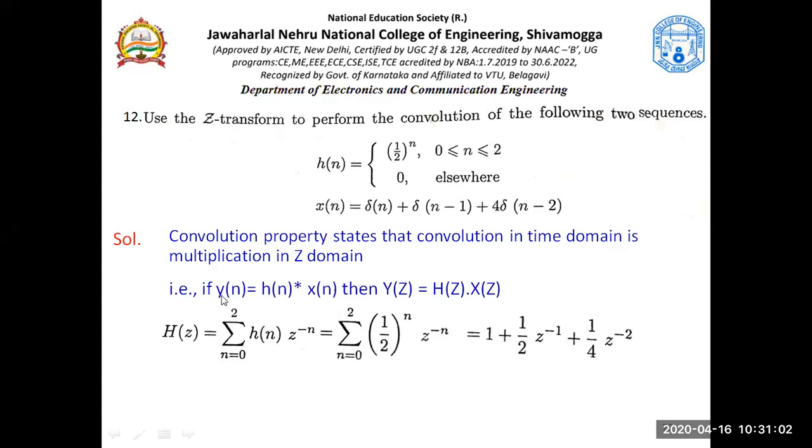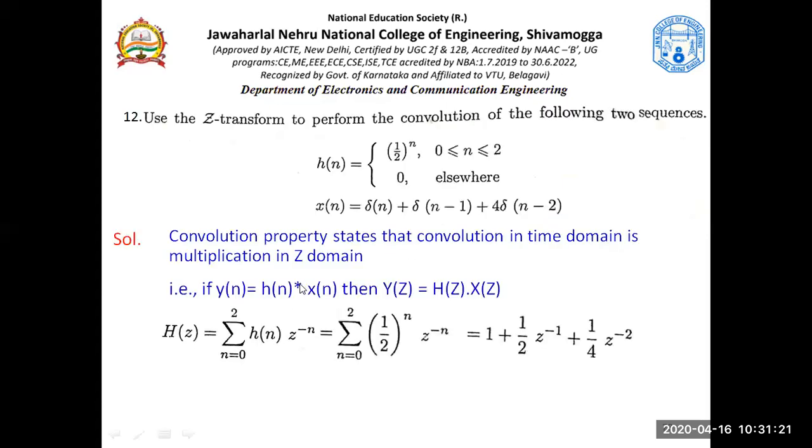I'll tell you. Let's understand. They have asked us to find the convolution of these two, which we have represented as y of n. Since the convolution was difficult for us, we went to the z domain and did a multiplication operation.